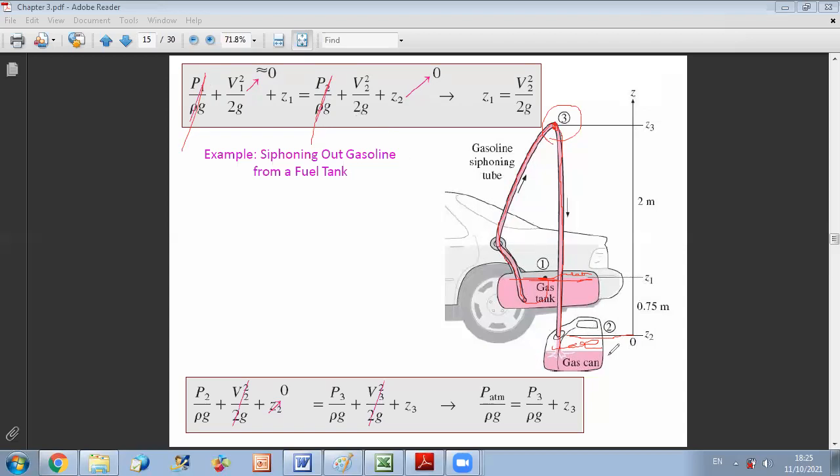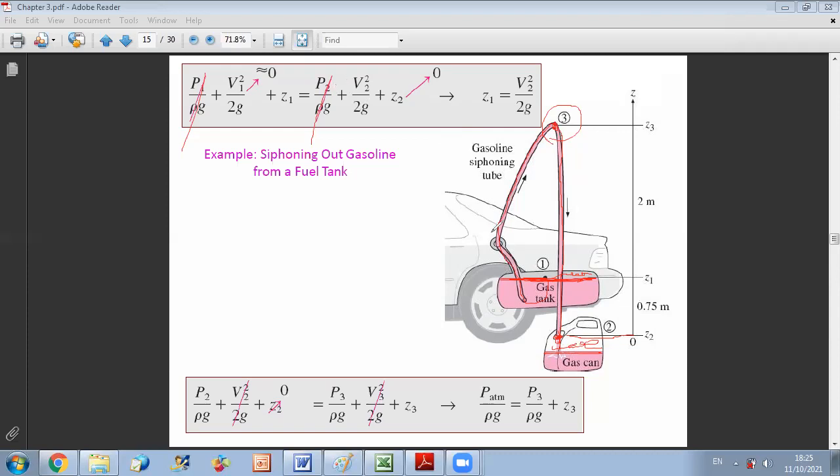Concerning V1 and V2, since V1 corresponds to a large area, the velocity at this level is much smaller than the velocity at point 2, because point 2 is just at the exit of your tube. So you are exiting to the gas can where P atmospheric is governing.